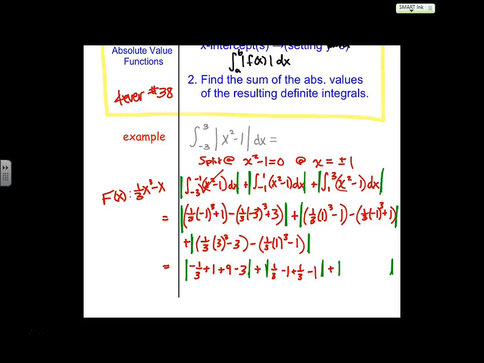And 3 cubed is 27, 27 over 3 is 9, 9 minus 3 minus 1/3 plus 1. Did I miss something? Negative 1/3, plus 1. Minus negative 9, which is plus 9, and then minus 3.